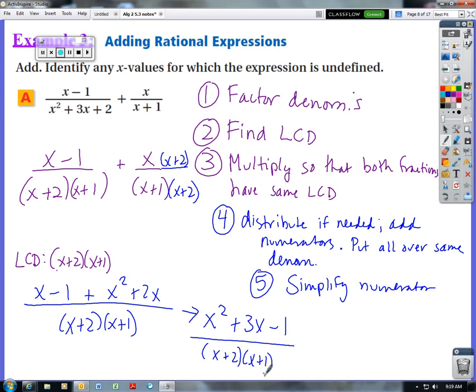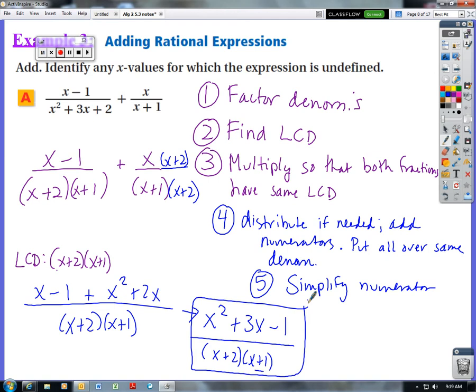I'm not picky either way. A lot of times it's actually easier to leave this the way it is. I was going to look at the book real quick and see what they did. Oh, they said or, just like me. So either one of these is acceptable, or if you want to distribute this back out, you can. But for time's sake, let's just leave it the way it is.